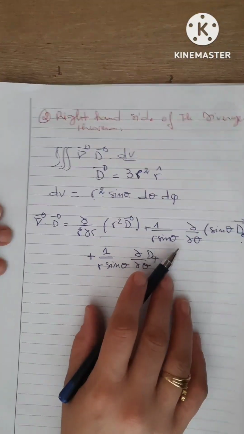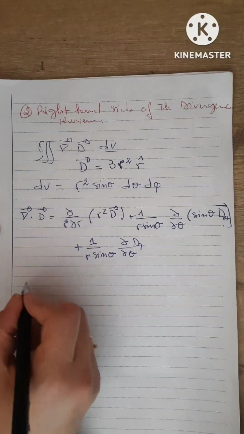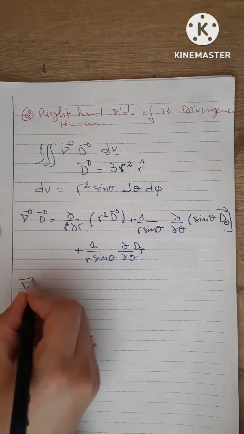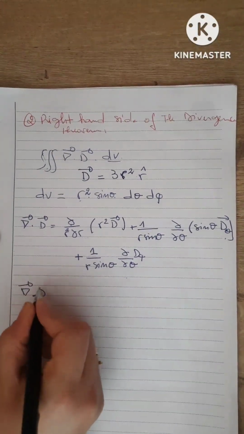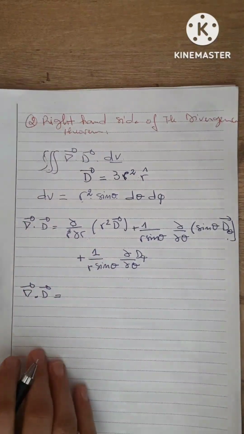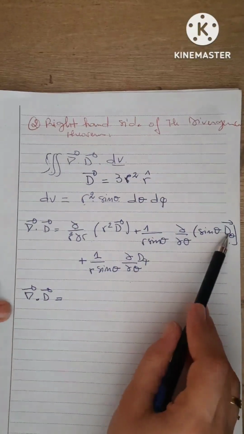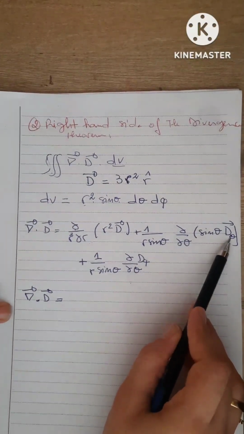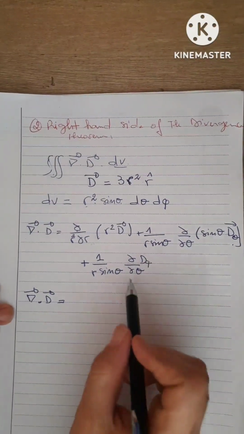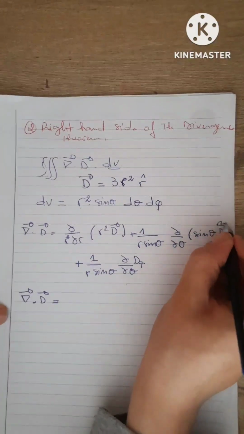Then we can develop these calculations. In our case, D is just in the direction of r, so D in the direction of theta and in the direction of phi is 0.